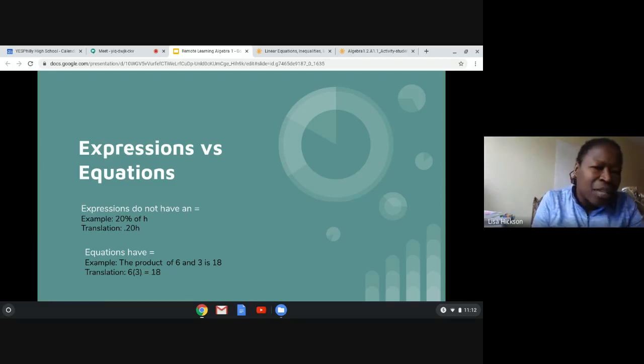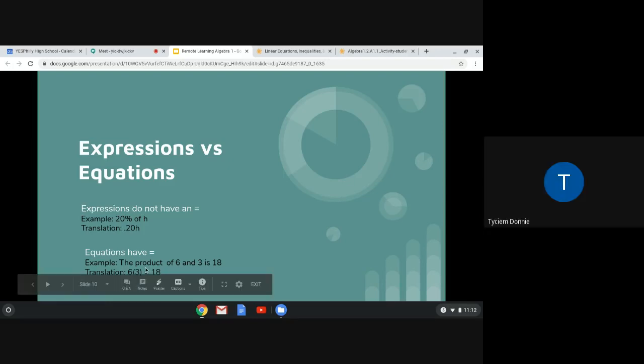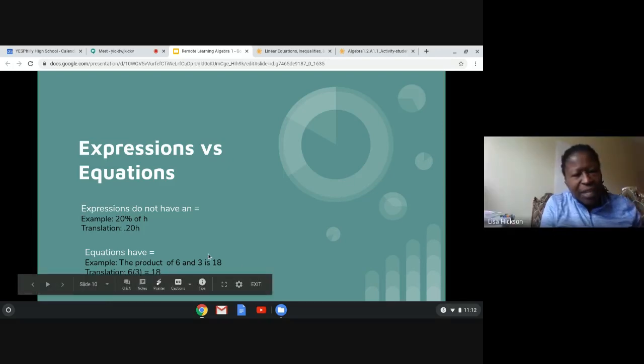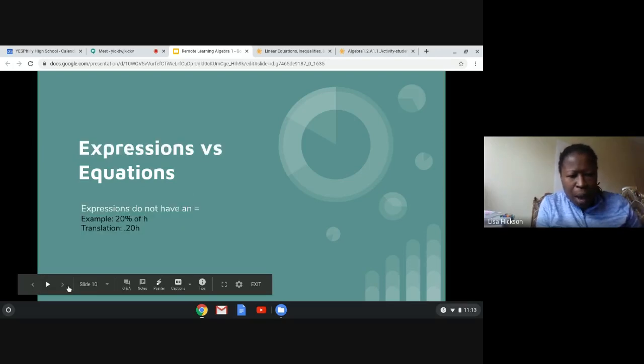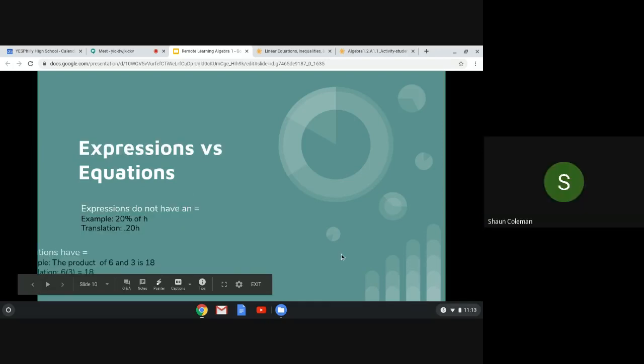Those things being next to each other at this stage means whatever the value of H, we are going to multiply it by 20%. And with an equation, yes, there is an equal sign.